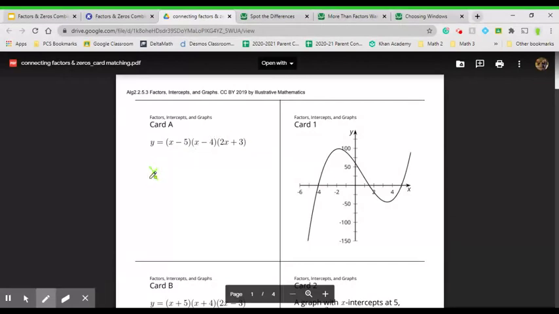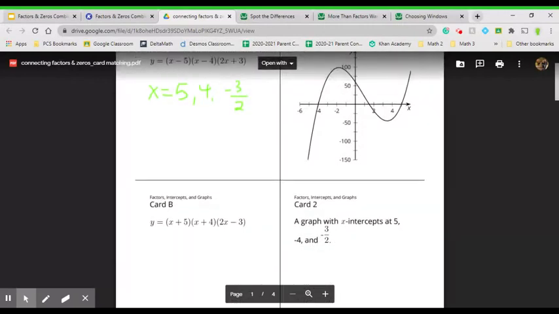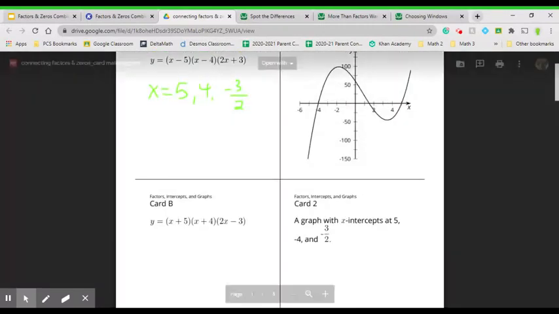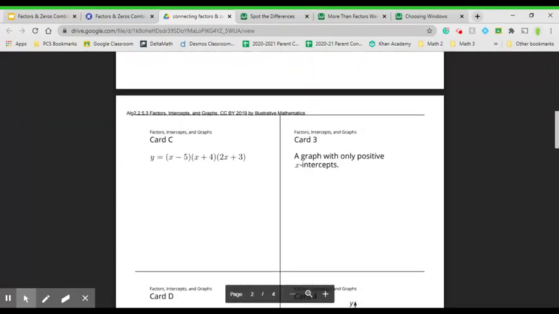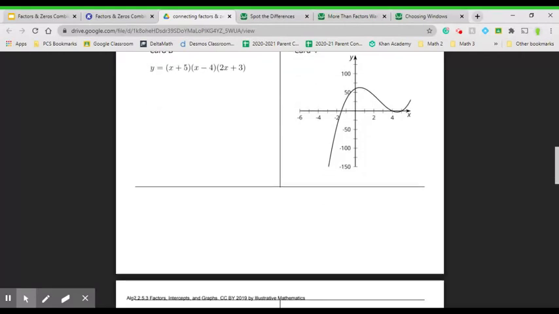So using our strategy from the last slide, we'd be looking for a polynomial with our zeros as 5, 4, and then negative 3 halves. And then you would just be scrolling through these and looking for where you have these three numbers as your x-intercepts. So if that's close, 5, negative 4, and negative 3 halves, that's close to what we have. And you can explore through that.